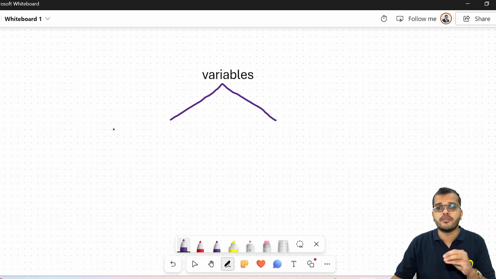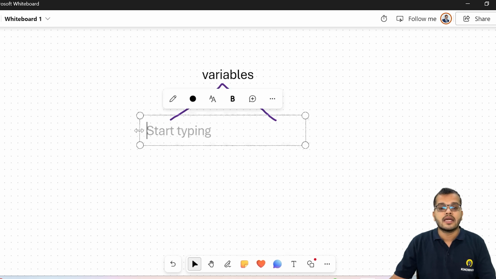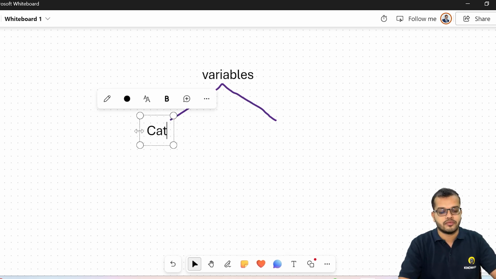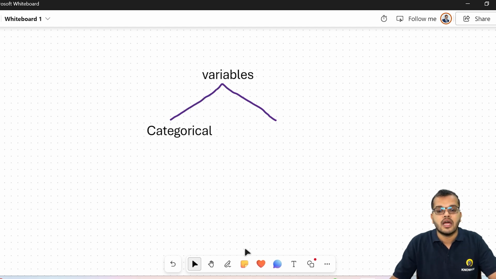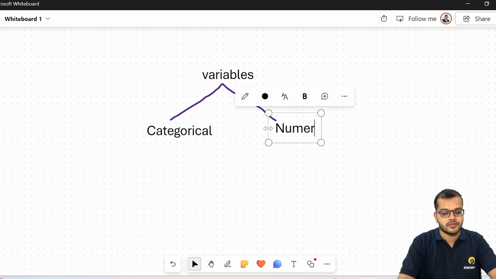What are the two types that I would like to talk about? One, we have categorical information, and another one we have is numerical information.